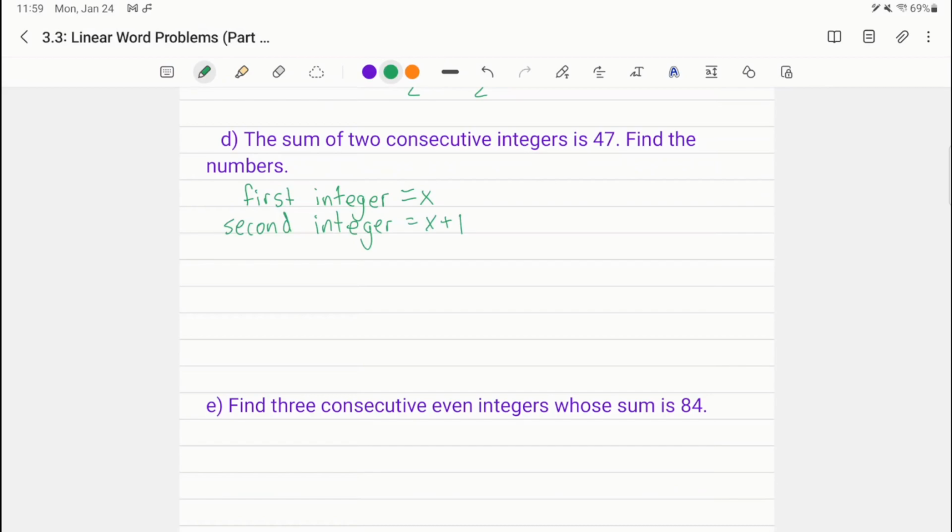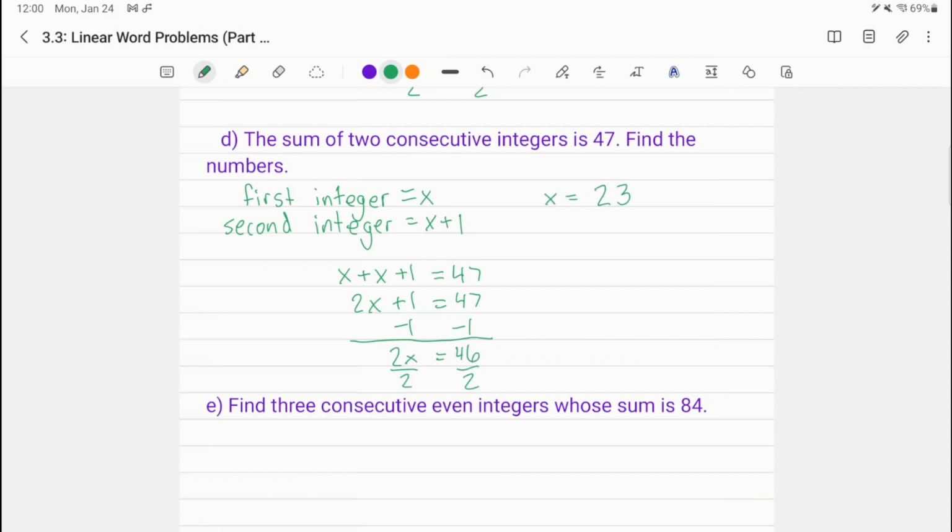And we have the sum of these, so x plus x plus 1 is 47. Combine like terms, 2x plus 1 equals 47. Subtract 1 from both sides, 2x equals 46. Divide by 2, and we get x equals 23.